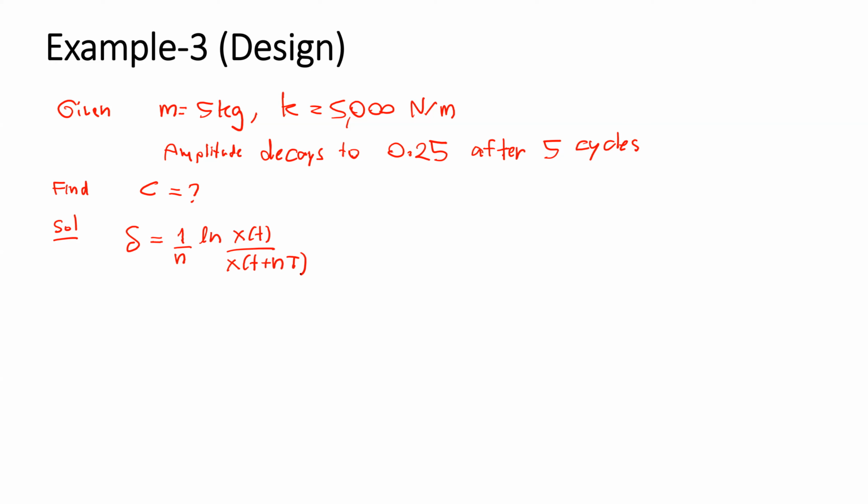In this case, it's 5 cycles, and it decays to 0.25. So the logarithmic decrement is equal to 1 divided by 5 of the log of 1 divided by 0.25.